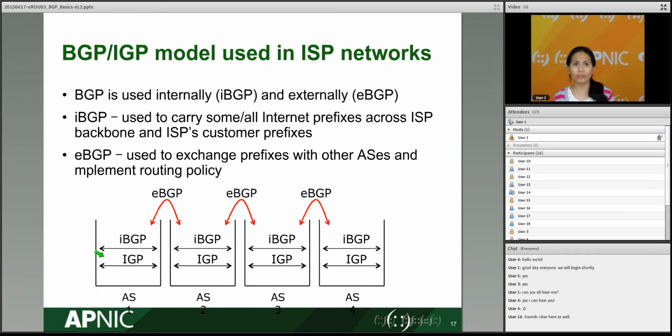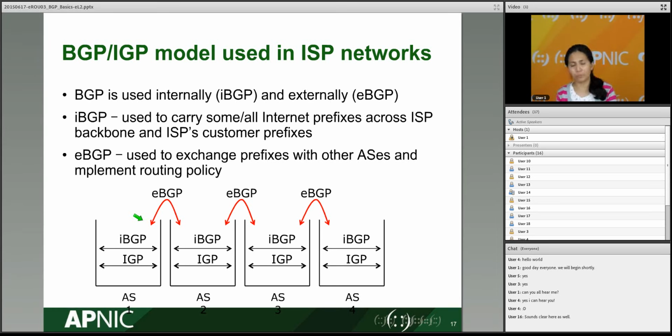So within this model, I'm using my mouse, we use iBGP because if we have routes that are learned via eBGP from other networks, then they can be passed on to the other routers within our network.